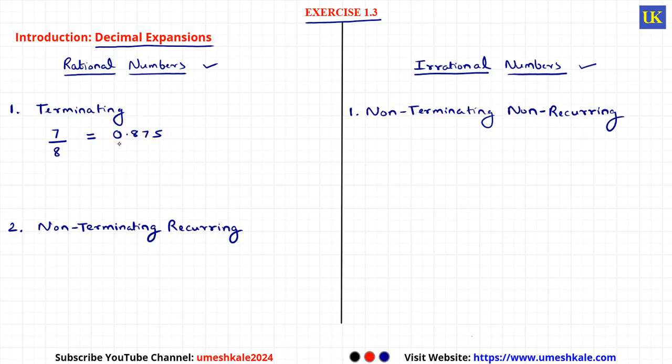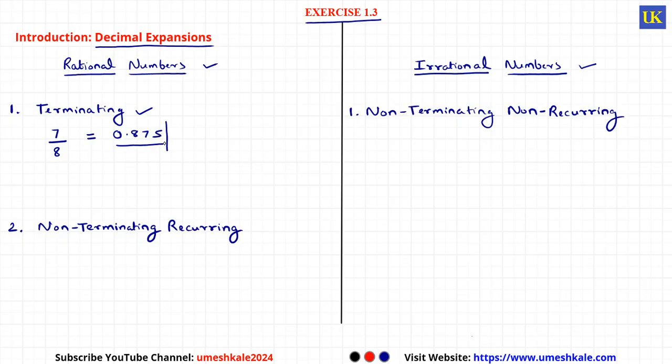Now, if we see such a decimal expansion, then it is called a terminating decimal expansion. Why terminating? Terminating means the decimals are stopping here, they are not continuing. Because they are stopping, it is called terminating, it will not go ahead, it will stop here only.